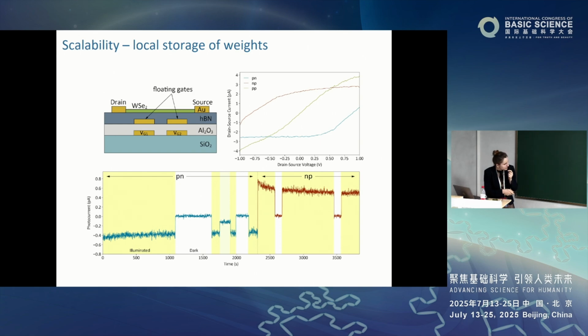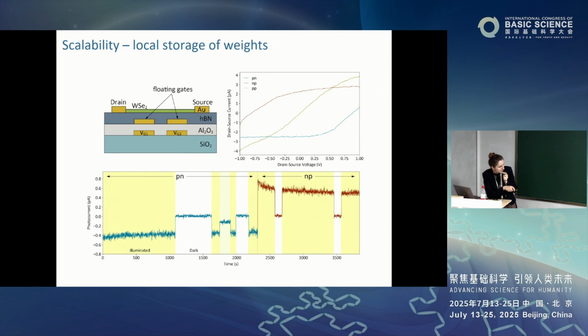Here you can see that some voltage was applied to the gate, and later the light was switched on, and it produces a current of about negative 0.2. Later we switched off the light, it went back to 0, and then here you don't apply any voltage to the gate, so it just remembers its state, because the electrons are stored here. And later it goes back to the photocurrent it produced before.